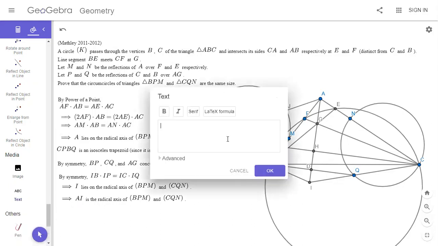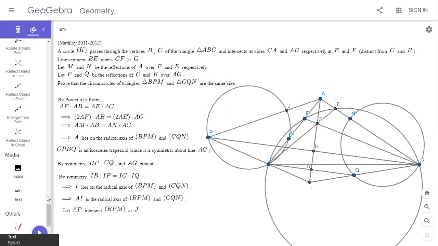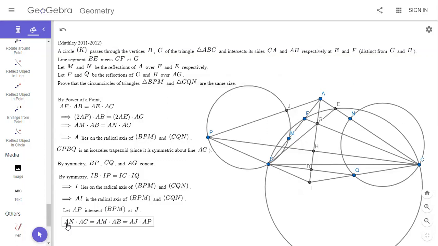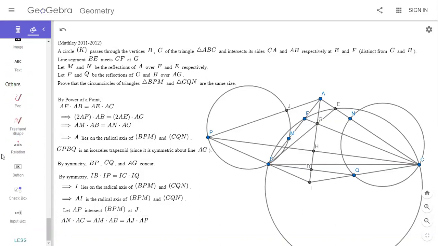So I'll just finish writing it up as you said, but let AP meet the circle at J. So then, AJ times AP, and since AC equals AP, AJ equals AN.